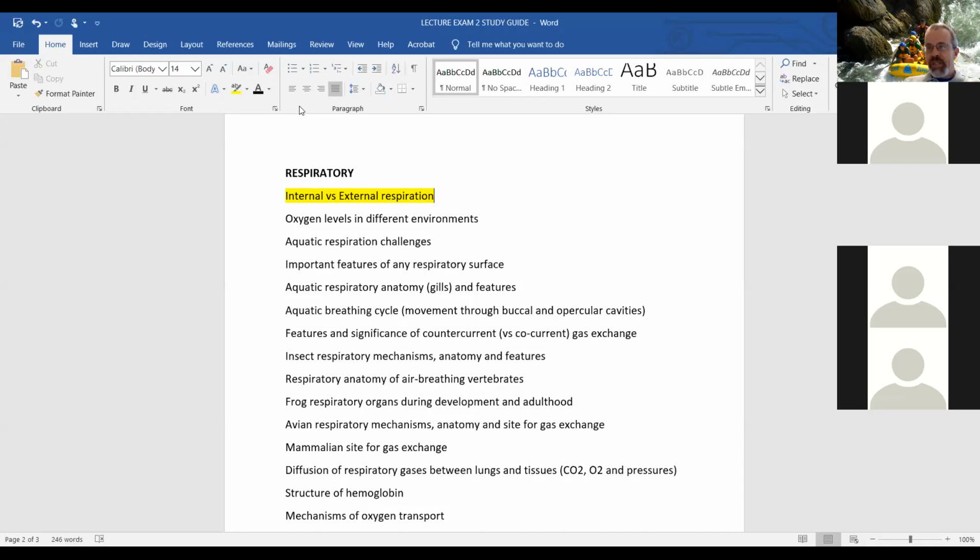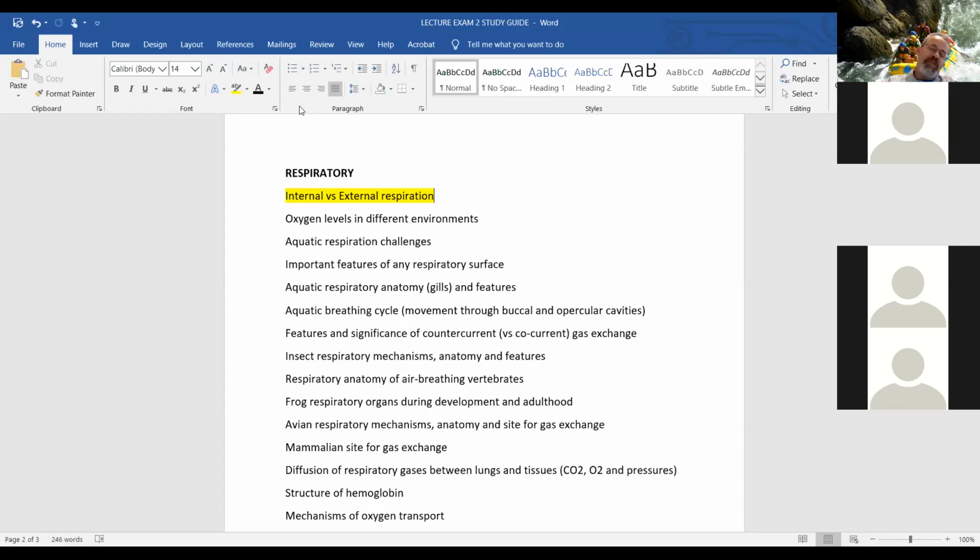One of the challenges that animals have, and this is what's allowed for the development of different types of respiratory systems, is the variation in oxygen levels. I showed you that table where we looked at oxygen content in the air, at least at sea level, versus oxygen content in the water at different temperatures versus oxygen content at high altitude.